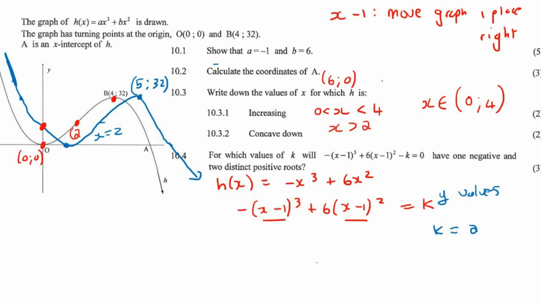For example, if a line goes across there, then it's got 1 negative root and 2 distinct positive roots. See that? So k is going to be the y values that are between these 2 red dots. Between those 2 red dots. Now the problem is, we don't know what this y value is over here.